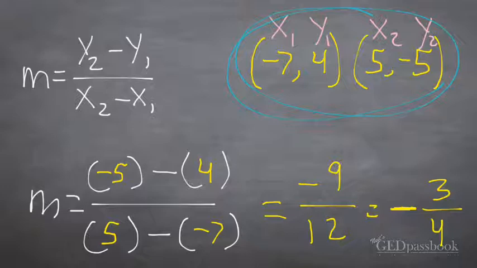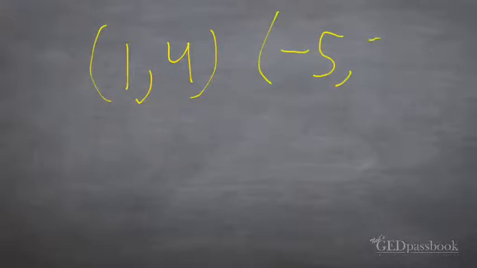And for those of you taking your GED, you ain't going to have graph paper, right? You're going to have a little whiteboard, and you're not going to have no straight edge to be drawing no grids, right? You have to just, if you're given 2 points, any 2 points, you will be given this on the test.